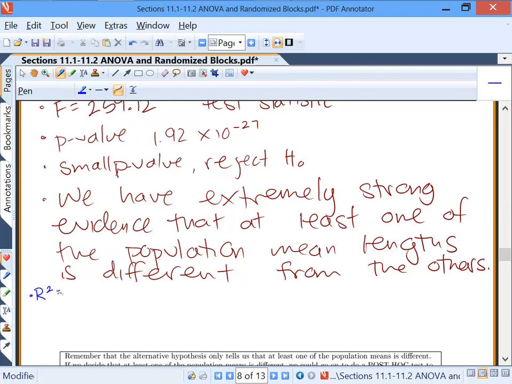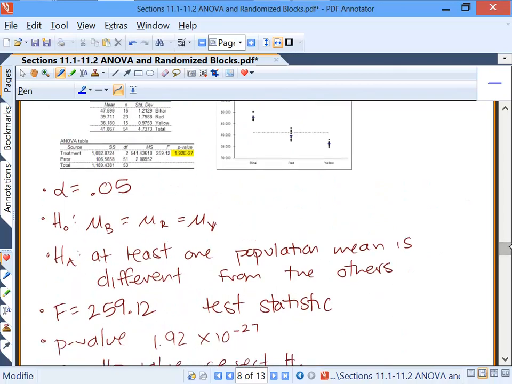Now we need to find R squared, which is sum of squares group over sum of squares total. So 1,080 sum of squares group over sum of squares total. Remember, treatment is the group. So we divide by 1,189.4381.